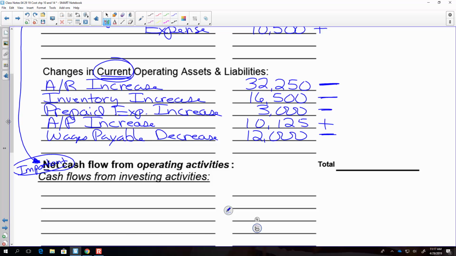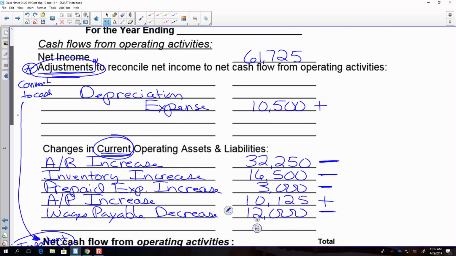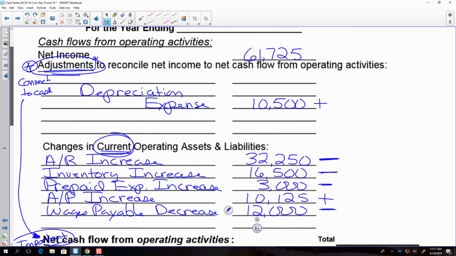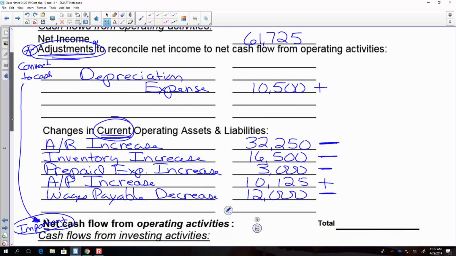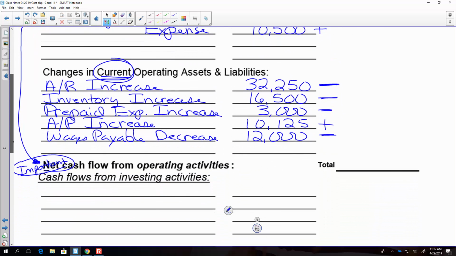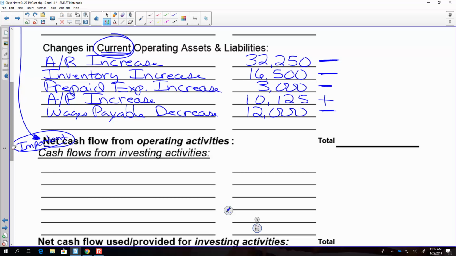Okay. So starting out with net income at 61,725, I add the depreciation expense. And what do I end up with here?